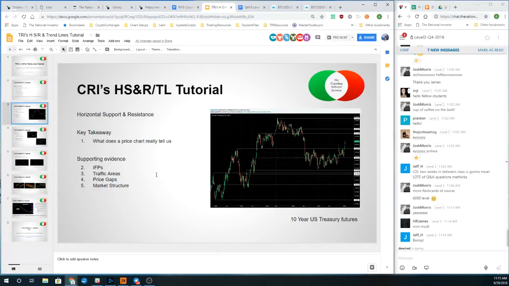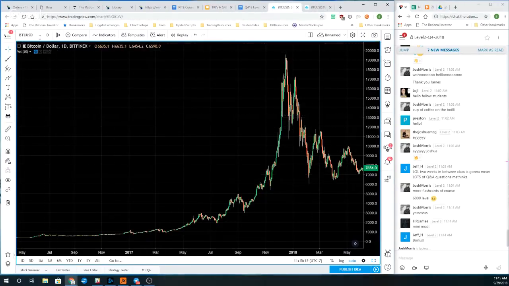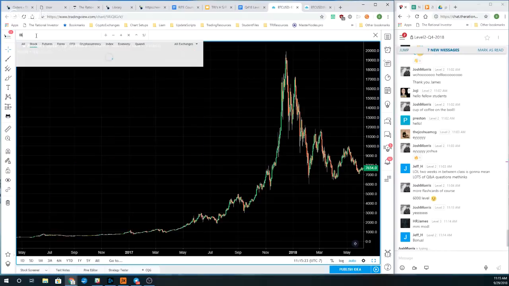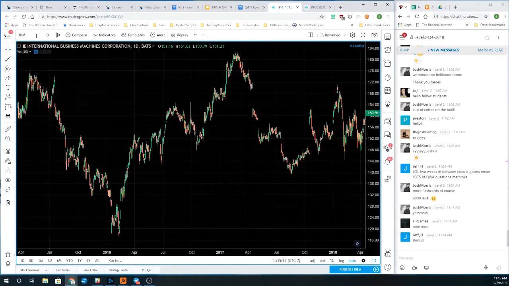You've probably seen on your price charts there are two very distinct ways that we draw lines on our charts. If I take a very simple, clean chart, it doesn't really matter which. Because you guys are all biased, I'm going to pick a totally random asset. Let's go IBM, nice random asset.